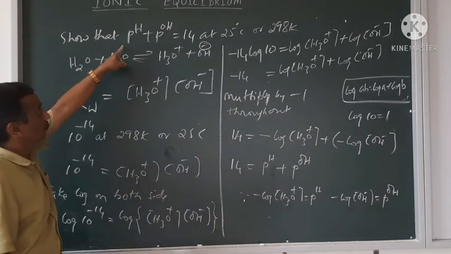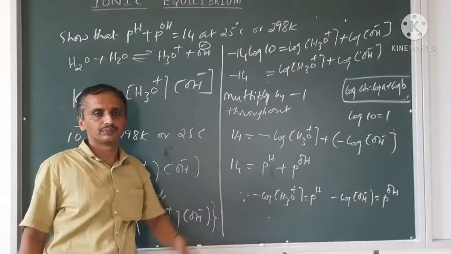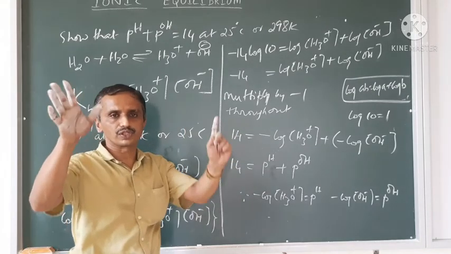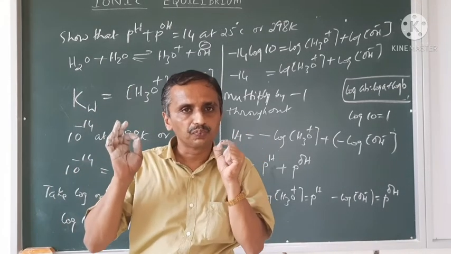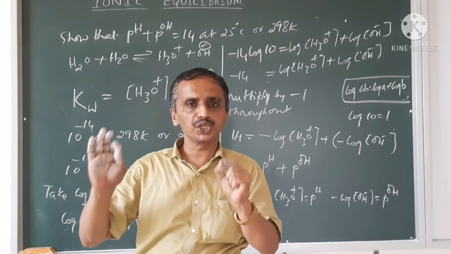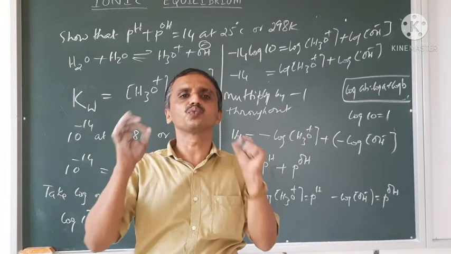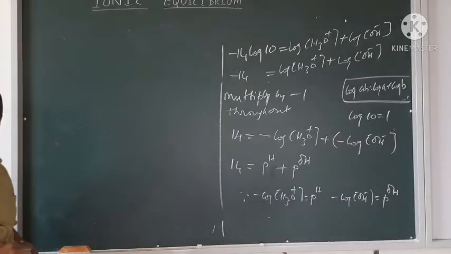And what should I show? pH plus pOH is equal to 14. So note this: the sum of pH and pOH at 25 degrees Celsius is 14.